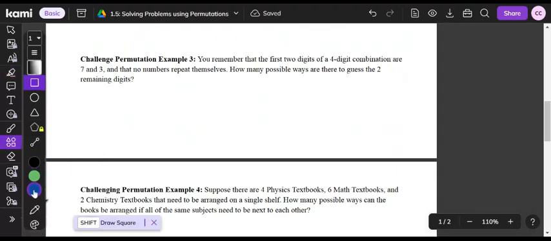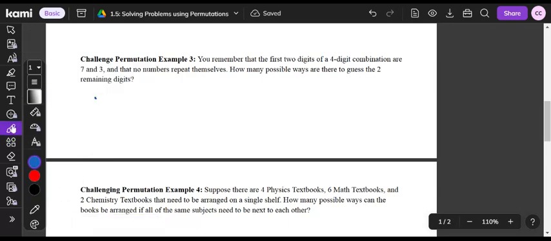So there are 4 digits. 1, 2, 3, 4. And I know the first one is a 7, and the second one is a 3 already. So I don't know what this one is, and I don't know what this one is, okay? So I want you to go ahead and pause the video, try it on your own. I will give you the answer in 3, 2, 1.